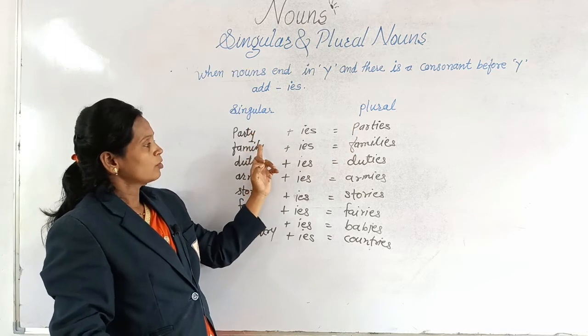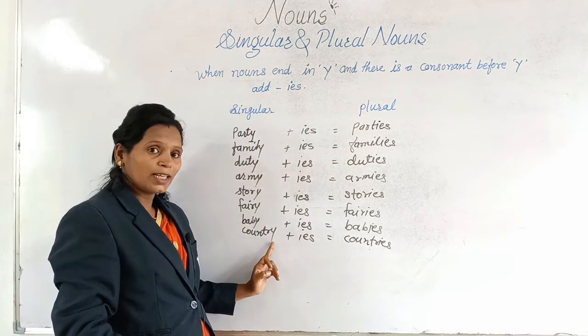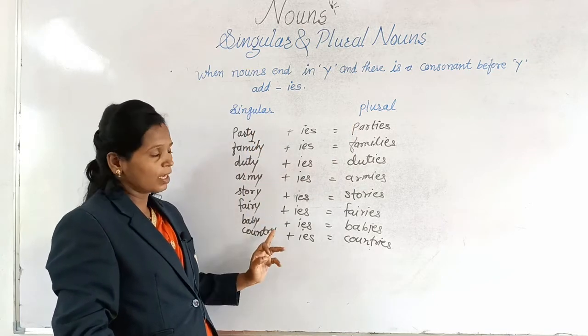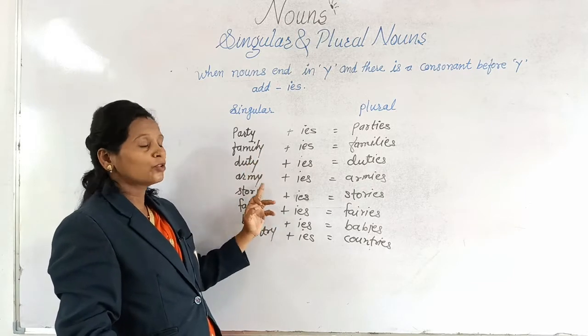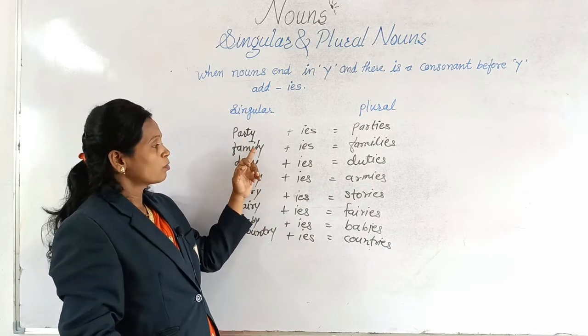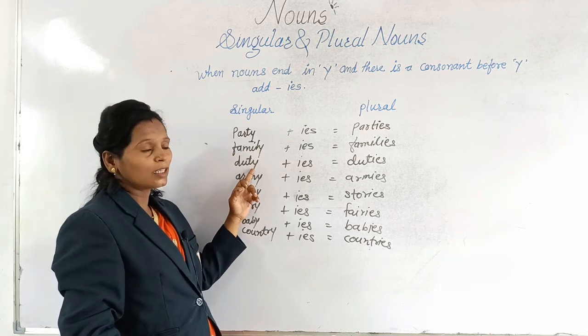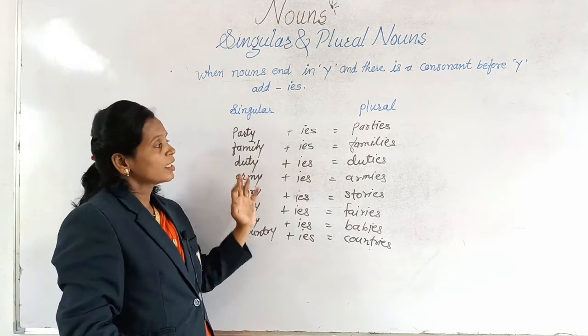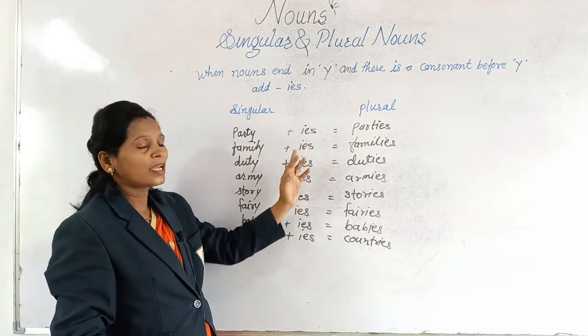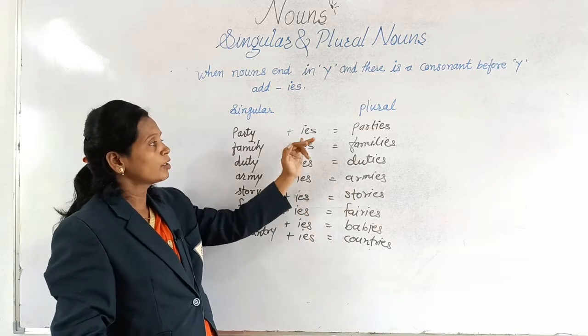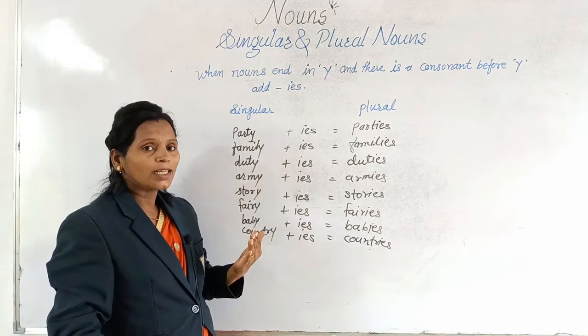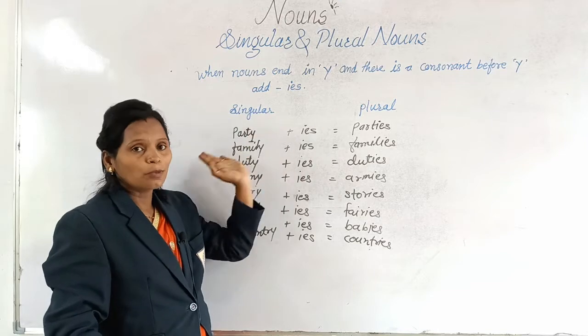If a noun ends with the letter y, you have to find out what the letter before y is. If it is a consonant, you have to add ies to make it plural, and you have to drop the letter y.